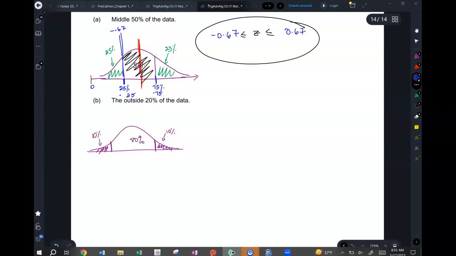Okay, so again, if I pretend this is a number line starting at 0... Wait, how can you know it's 10%? Because it's the outside 20%, it doesn't say left or right. That means it has to be evenly distributed between the left and the right. So by the time I'm at this first interval, how much is it? 10%. And by the time I'm here, how much is it? 90%.